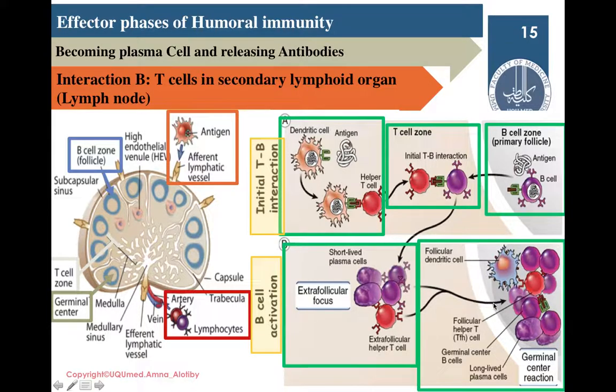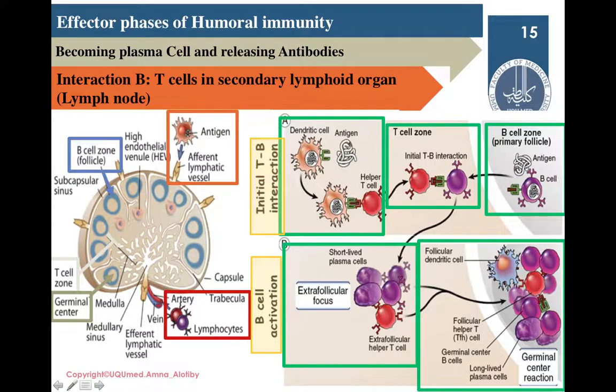These T cells which are activated are now going to move towards the germinal center, and once they enter the germinal center, they are now called follicular helper T cells. The B cells that have been activated also move to the germinal center. So both the follicular helper T cells and the B cells are now in the germinal center.